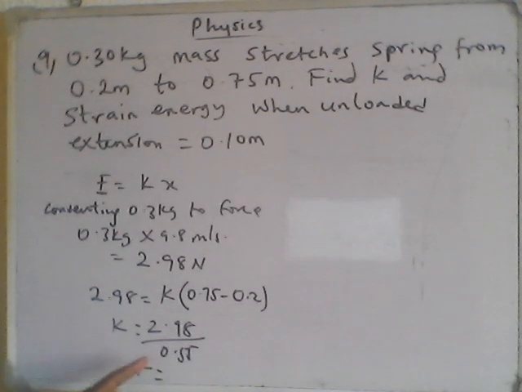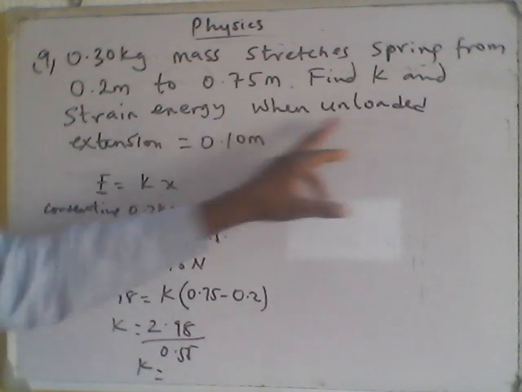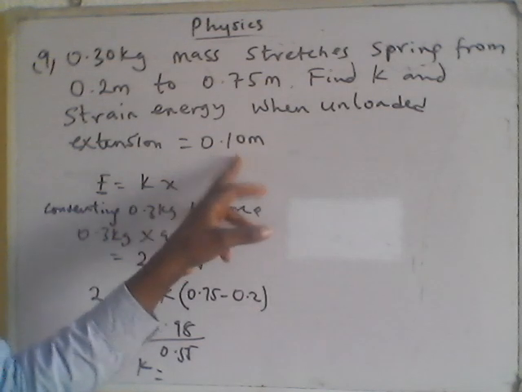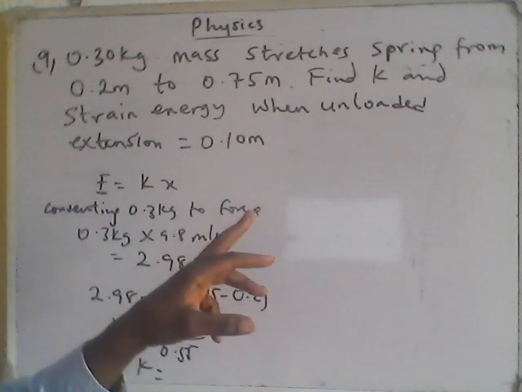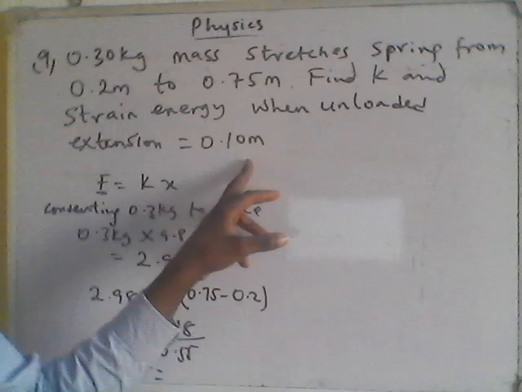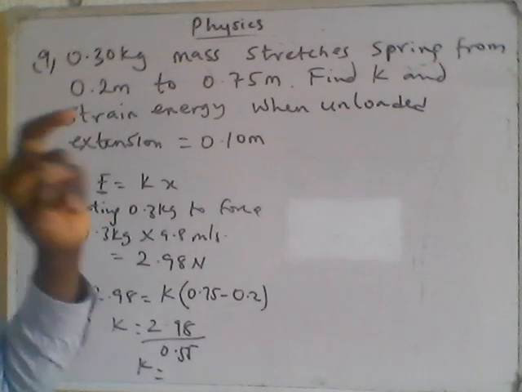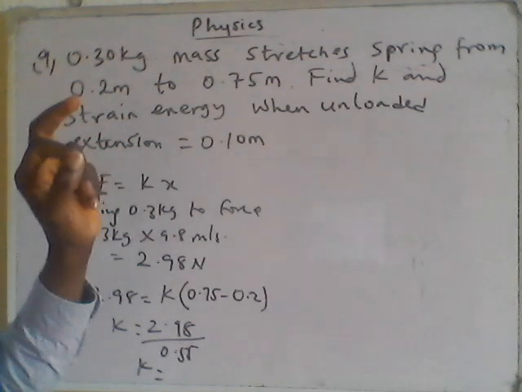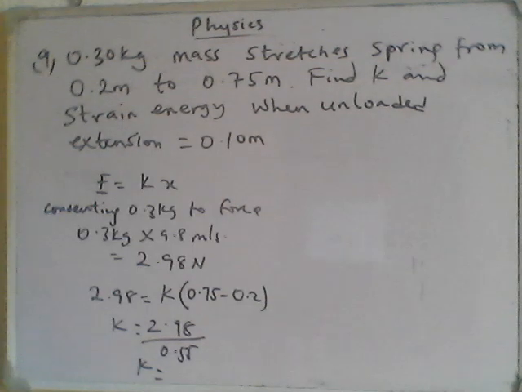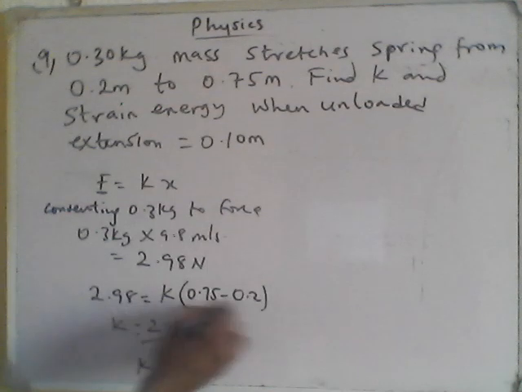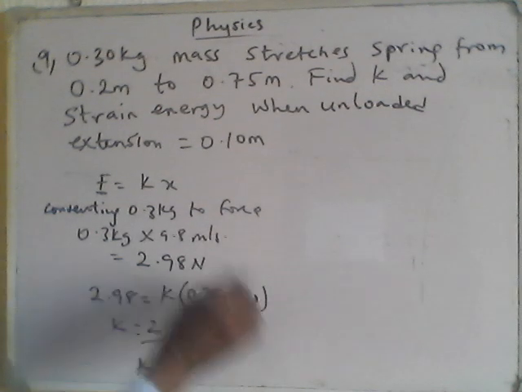Okay, so there's something that we did not take into cognizance. This is the unloaded extension, this is the initial length. So we're going to be adding this, and we're going to be subtracting. Okay, hold up. Actually, we're going to be checking the difference between this and the natural length, which is 0.1. 0.1 is the natural length.